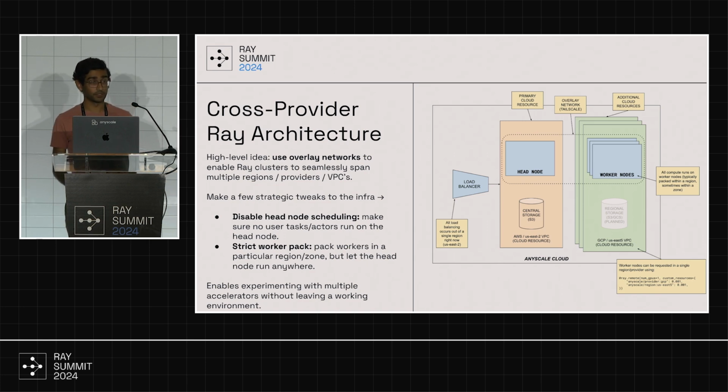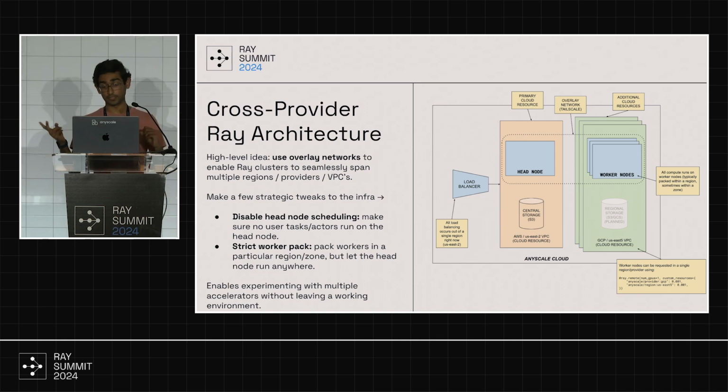So we can use overlay networks, which is a networking abstraction over the VPC, to make the connectivity work between these nodes. And if we tweak a few other attributes of the Ray core layer and the scheduling layer, we can get this really nice capability that allows us to burst beyond a single VPC and a single private network and go into multiple places.